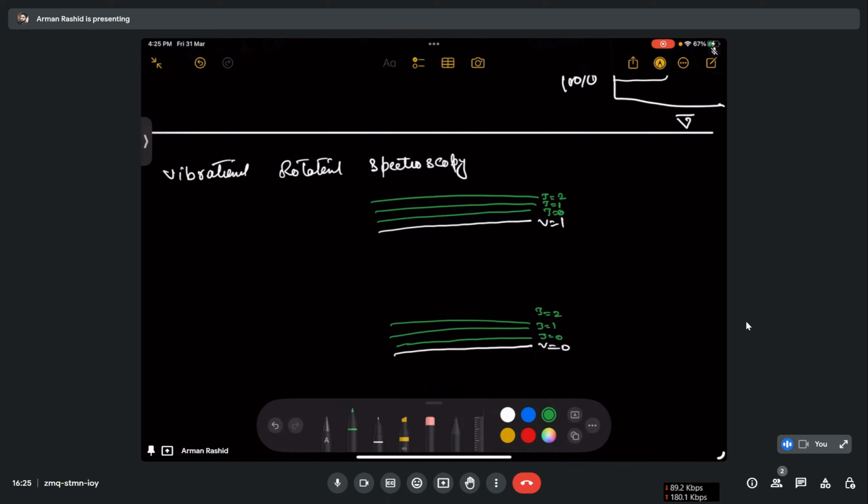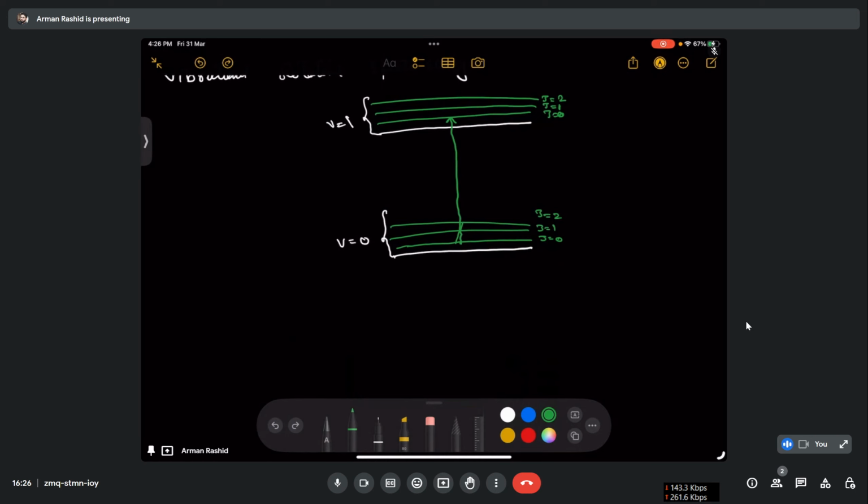Now if a transition happens from j equal to 0 in v equal to 0 to j equal to 0 of the other state, this is a j 0 to 0 transition.